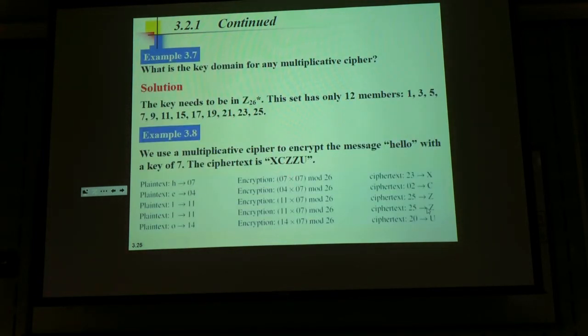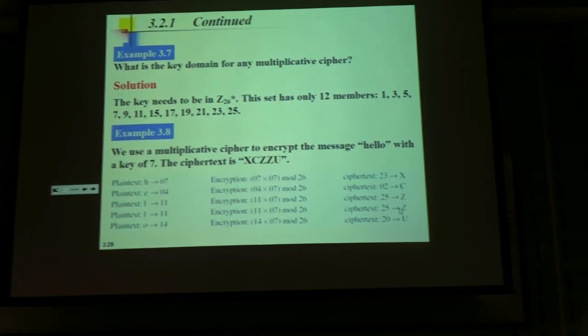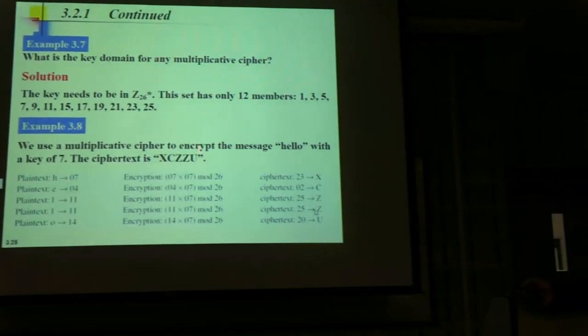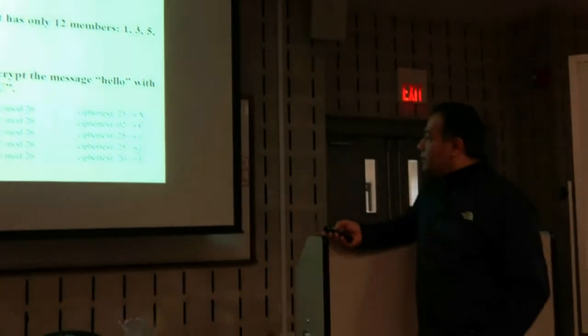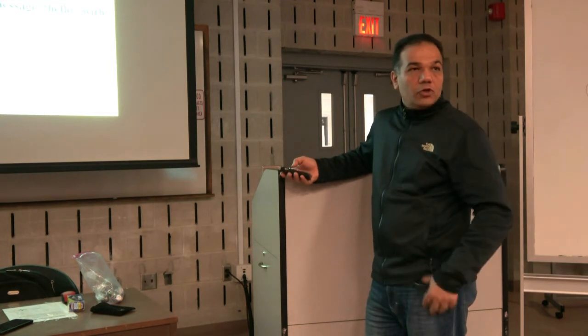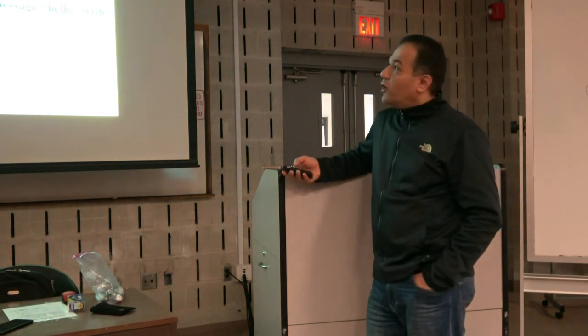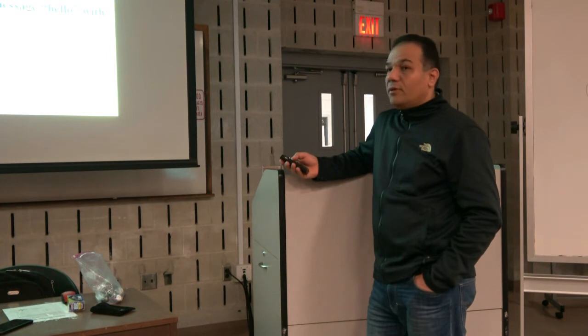What is the inverse of 7? It's not minus. You multiply it by 7 and modulo 26 gives you 1. That's the multiplicative inverse. Try it out. But remember we are talking about Z26.